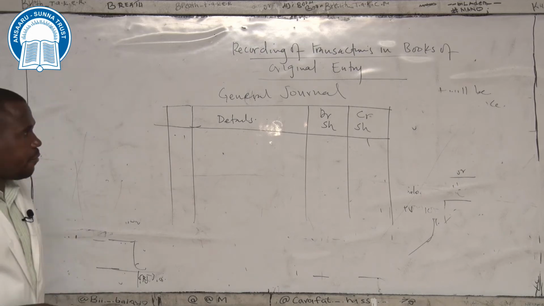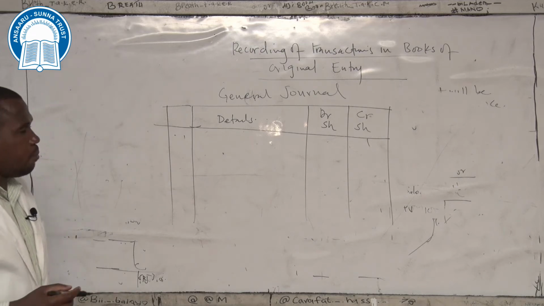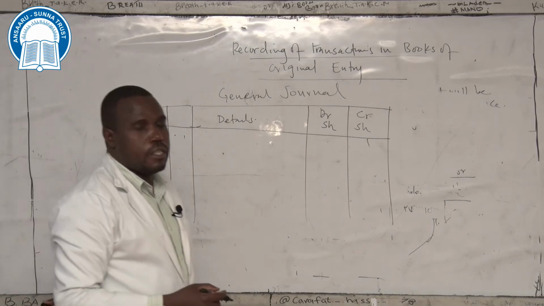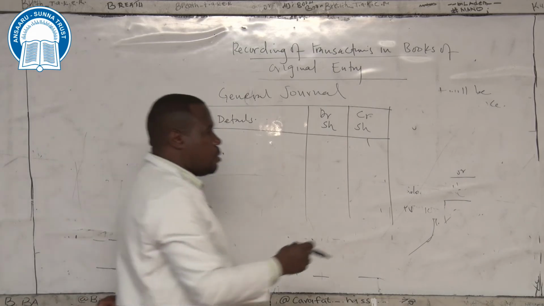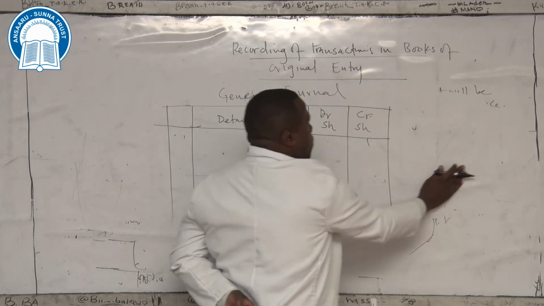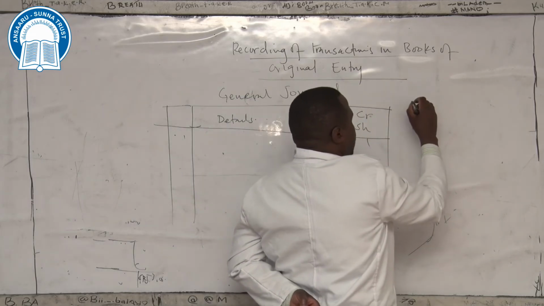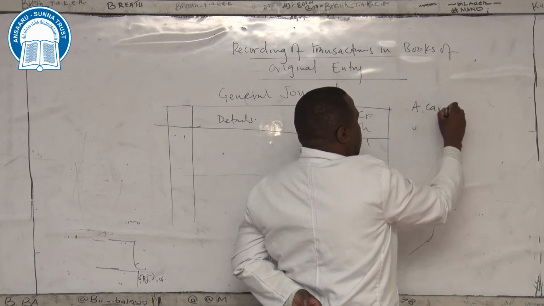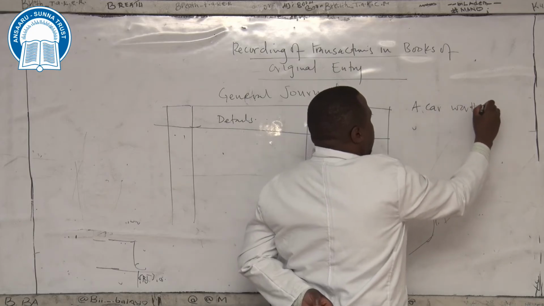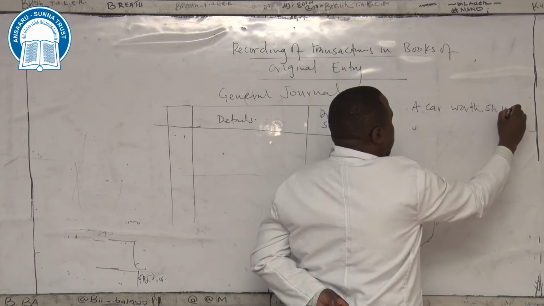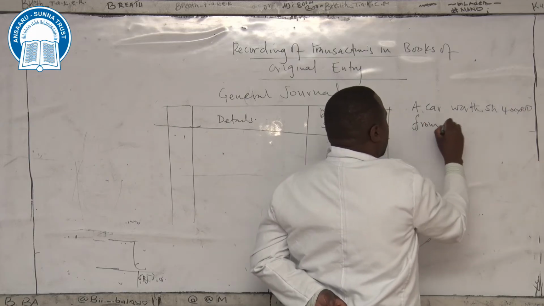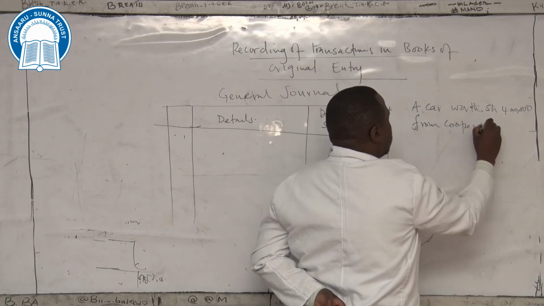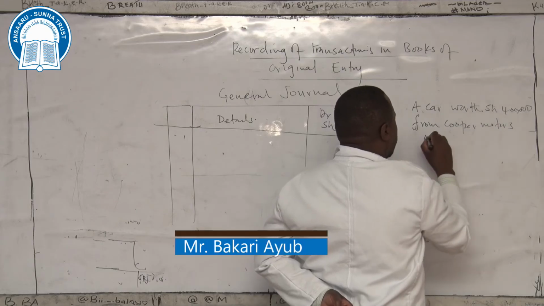So if you buy, for example, a car on credit from Cooper Motors, worth maybe shillings 100,000, on credit.